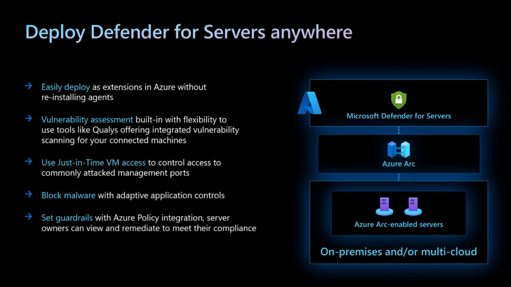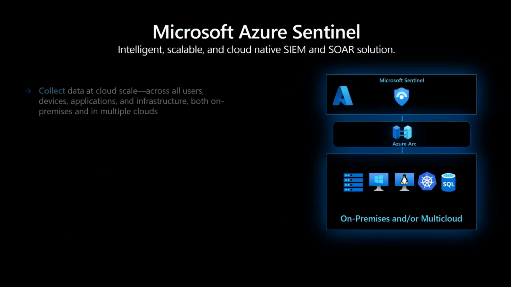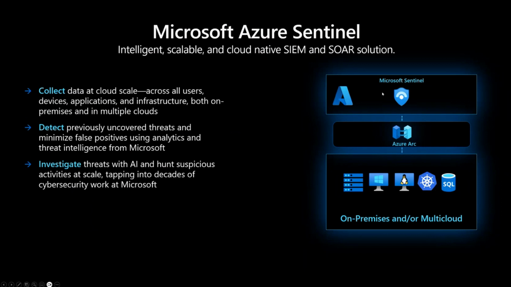Hopefully that all made sense. And then just a real quick note on Azure Sentinel. For those of you that aren't aware of it, it is our cloud-native SIEM and SOAR solution. And one of the other nice things about Azure Arc is it does have really easy integrations with Sentinel.